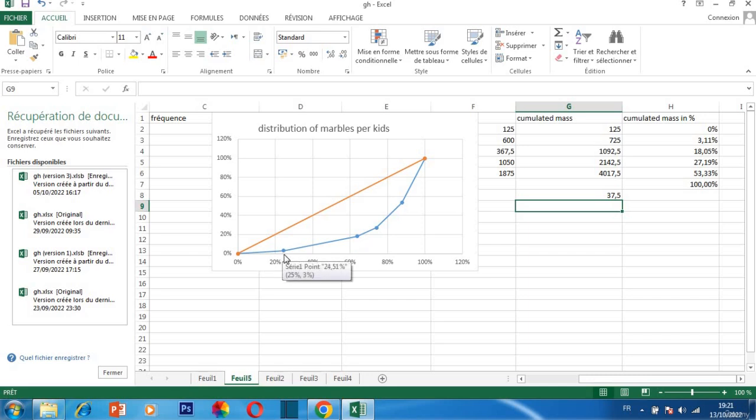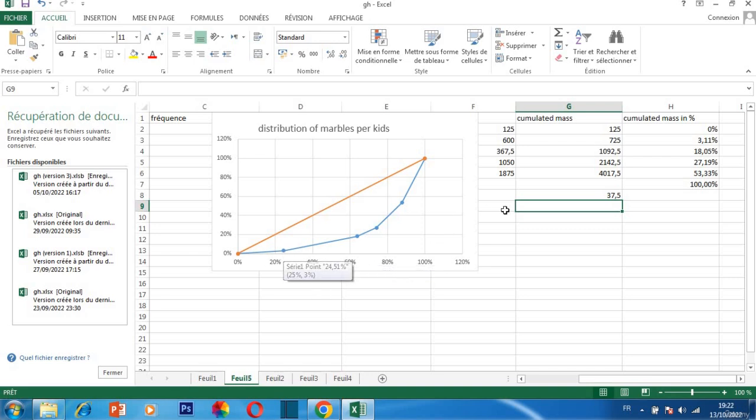This is for the trapezius. We know that's the formula to calculate it. We have here the small base, which is this one, plus the big base, this one, multiply by the height. This is the height, divided by 2.